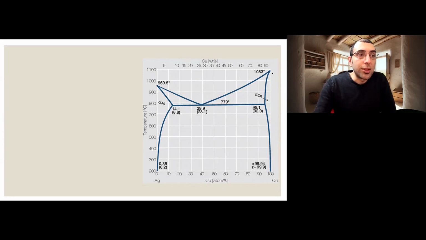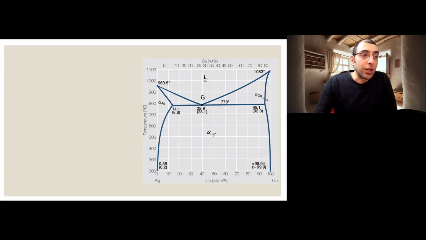So first, let's pick something from previous courses, and let's identify one interesting point here. This point is our eutectic point, right? The minimum point in the phase diagram where your liquid is going through a phase transformation and being transformed into solid, and two types of solid.